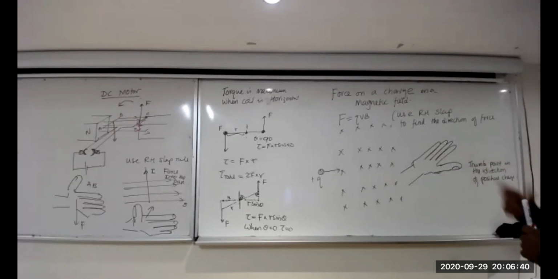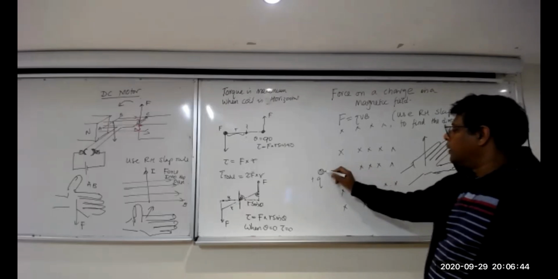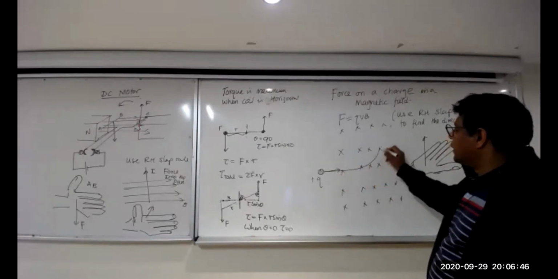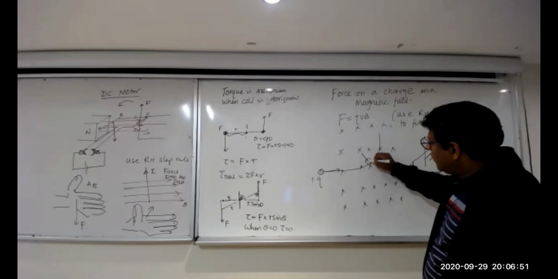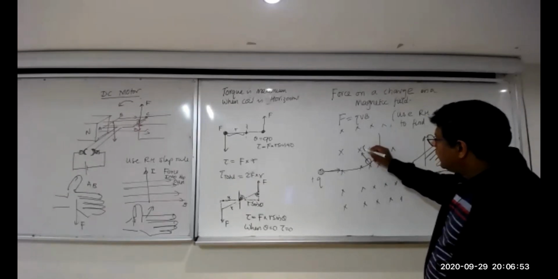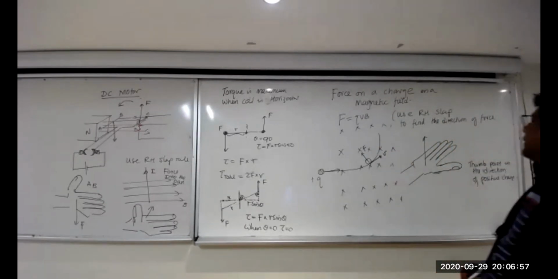So then you can see the force is up. As a result, the particle will go through a circular path because the force acting on the charge is always perpendicular to the direction of the motion, or direction of the speed.